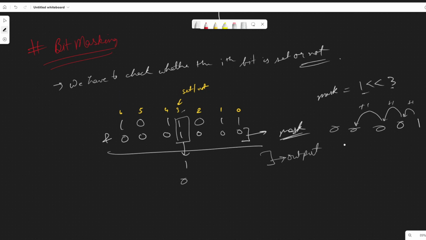So it reaches here: 0 1 0 0 0. So this is how we will get the third index of the 1. A number which is having only the third index bit set, whilst others are not set. Simple. And performing AND operation, it will give our answer. Simple. Thank you.